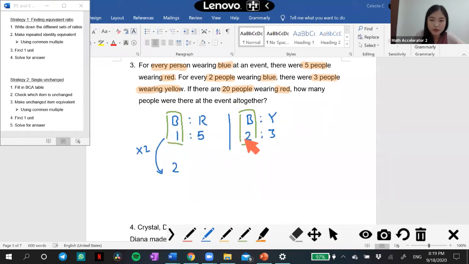So that is equivalent. 2 times 5, 10. Now it's equivalent, right? If there were 20 people wearing red, how many units is for the red? Here. 10 units.